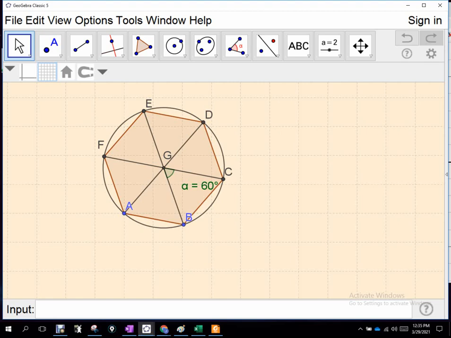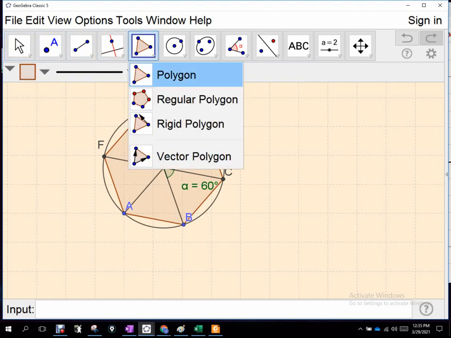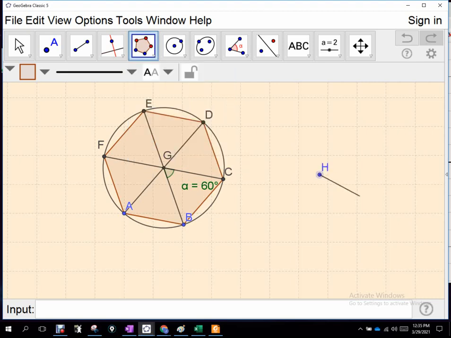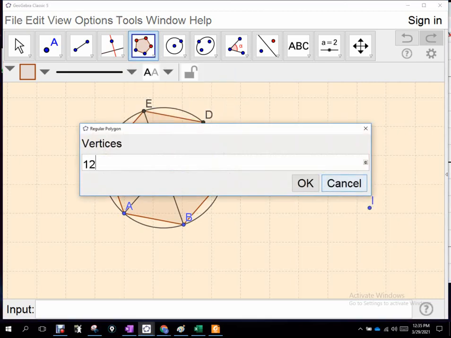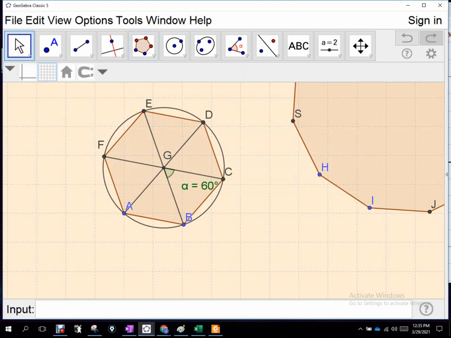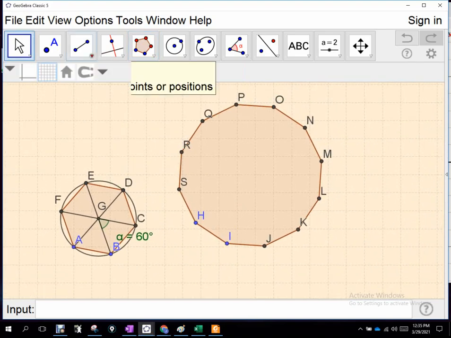So how did I get 60? 360 divided by the 6 gave me that 60, right? So if we had, let's do another regular polygon, let's go 12 sides. Kind of ridiculous here. And find its center.